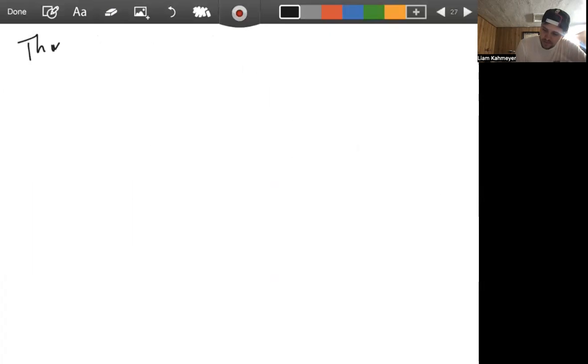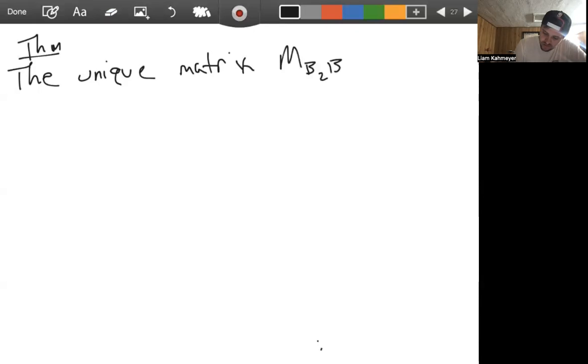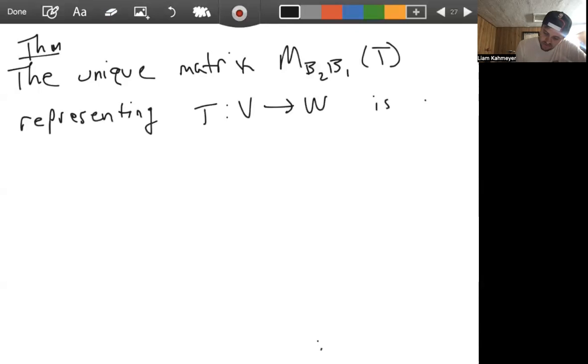And so here's the theorem. The unique matrix M_B2,B1 of T representing T from V to W is given by, and I should say this is with respect to the bases B1 and B2, right?